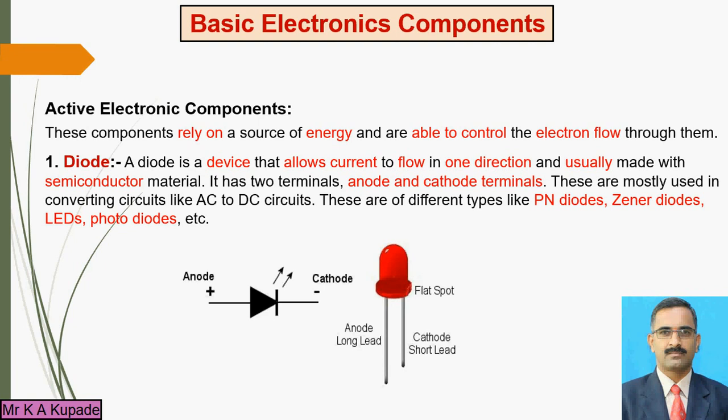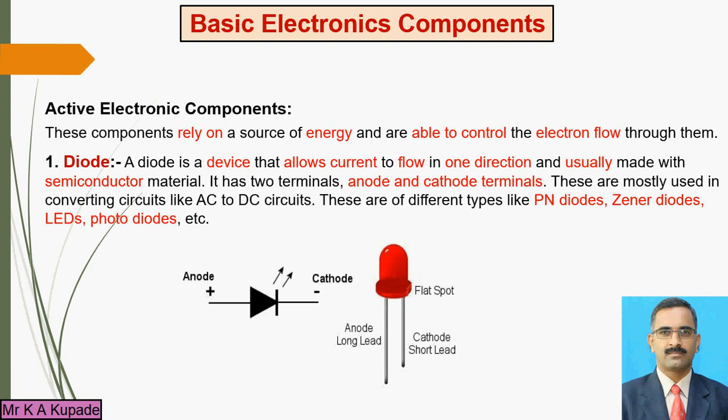The two layers are P and N. From the terminal point of view, it has two terminals, the anode and cathode, right? And these diodes are mostly used in converting circuits, like AC to DC converting and so on.